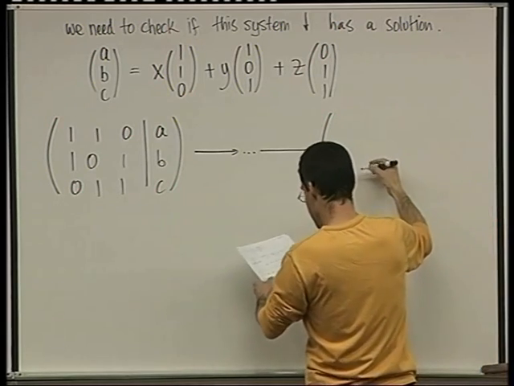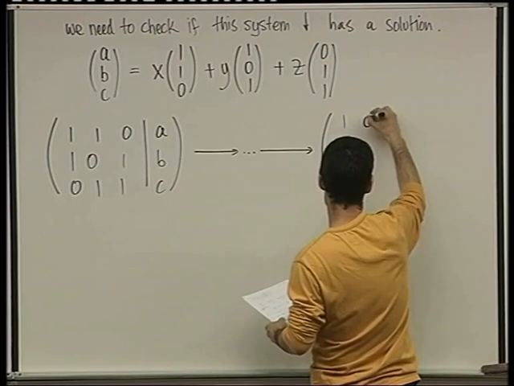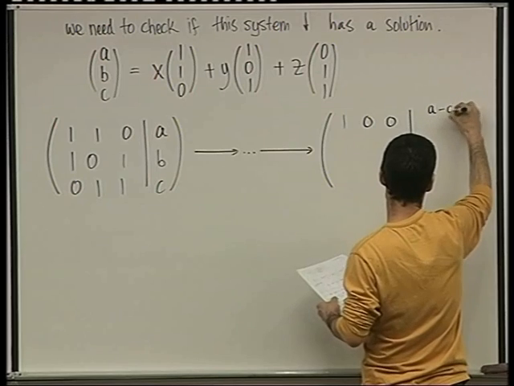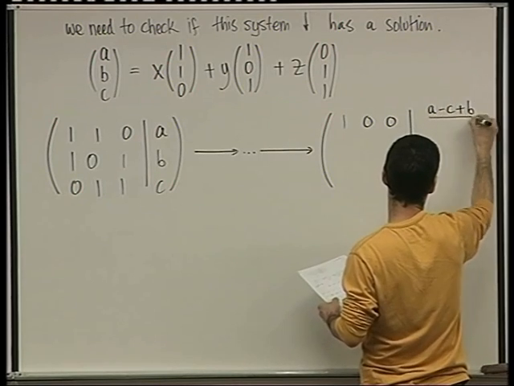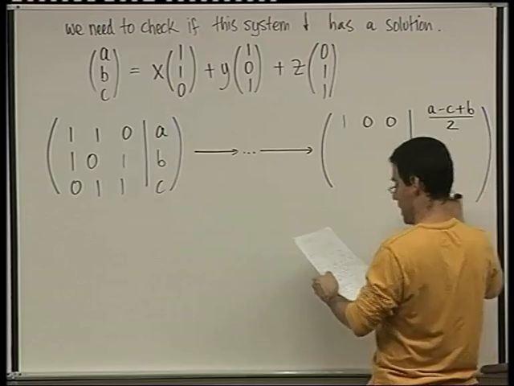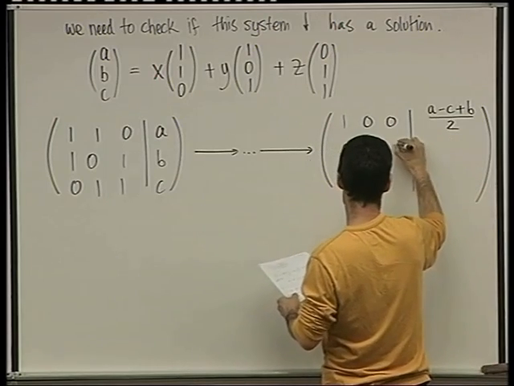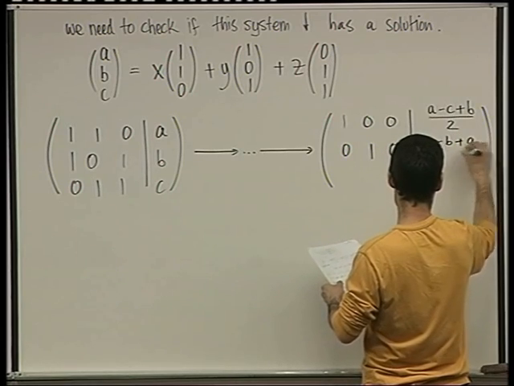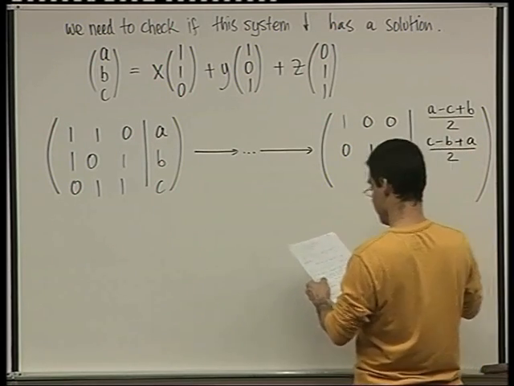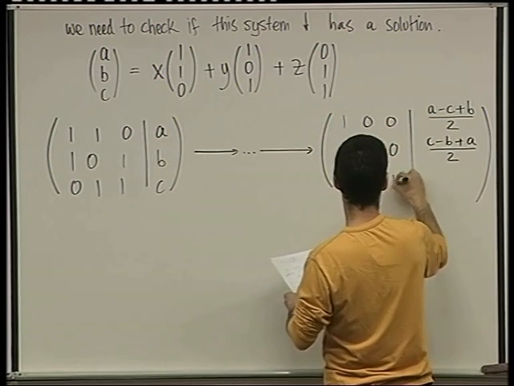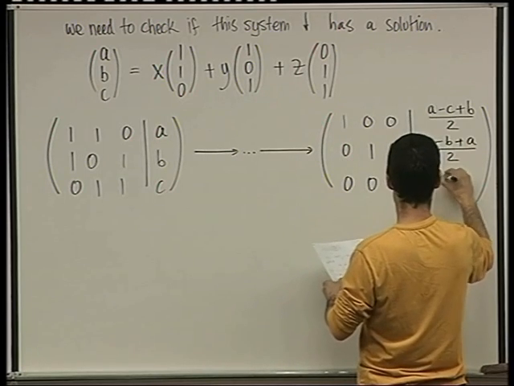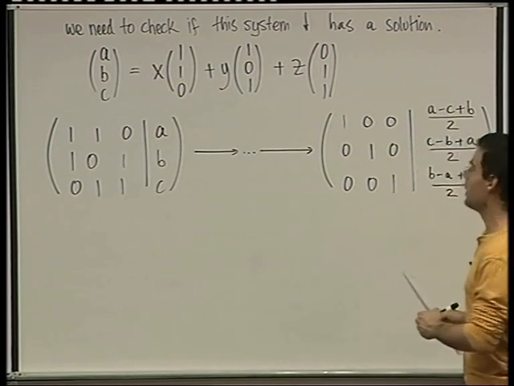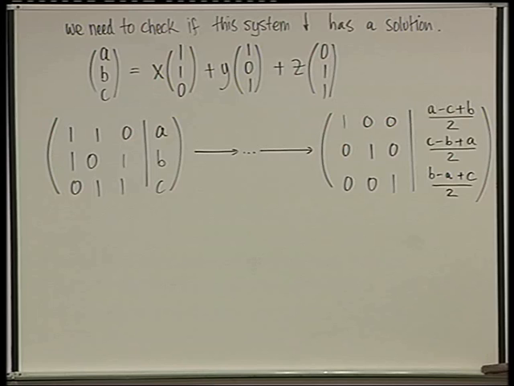So you're going to get in the reduced form the following: 1, 0, 0, and here you're going to get (a minus c plus b) divided by 2. And then 0, 1, 0, and you're going to get here (c minus b plus a) divided by 2. And then 0, 0, 1, (b minus a plus c) divided by 2. That's the reduced form, the canonical form.